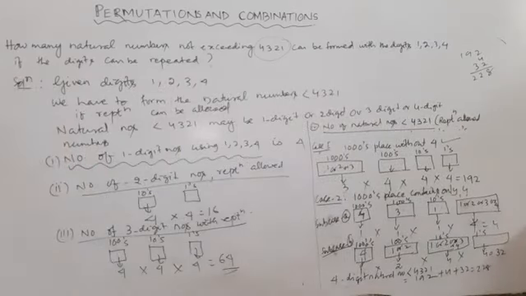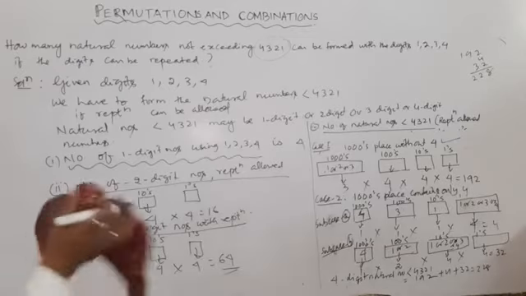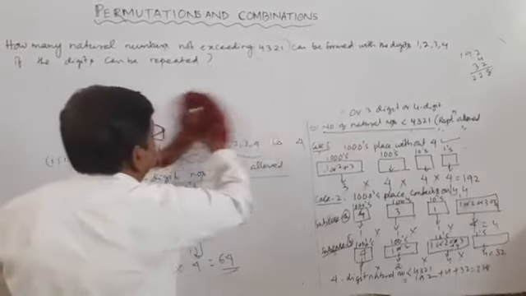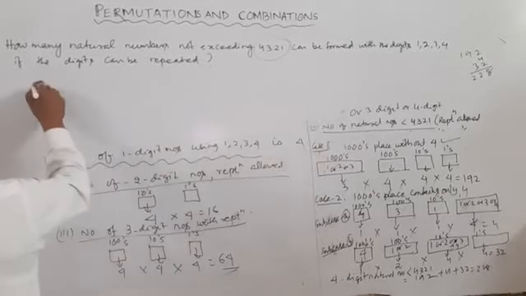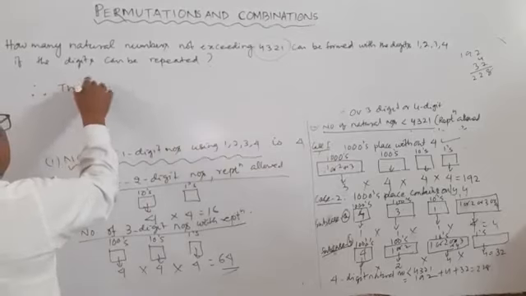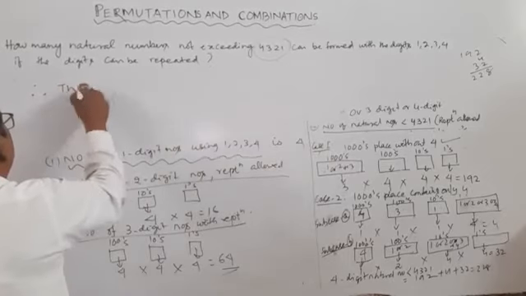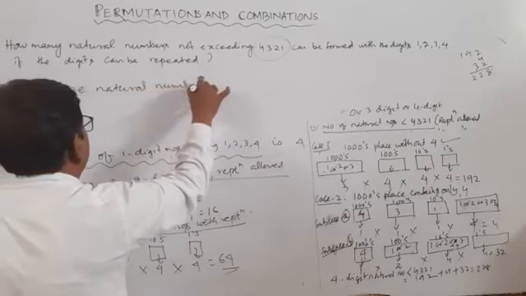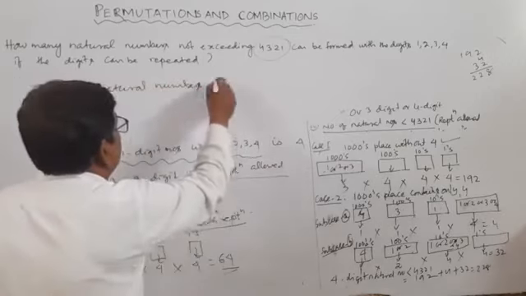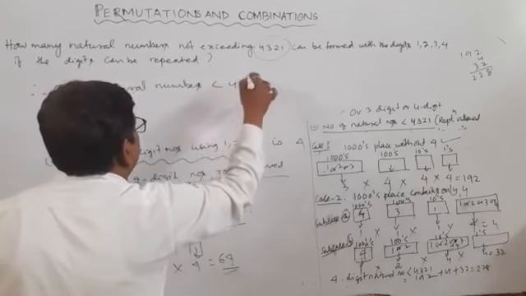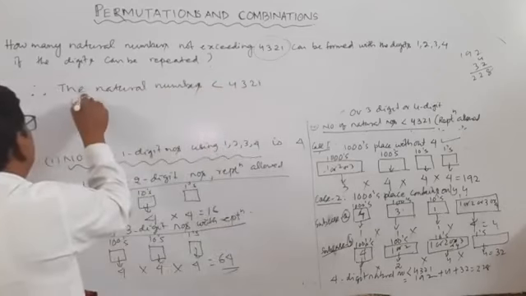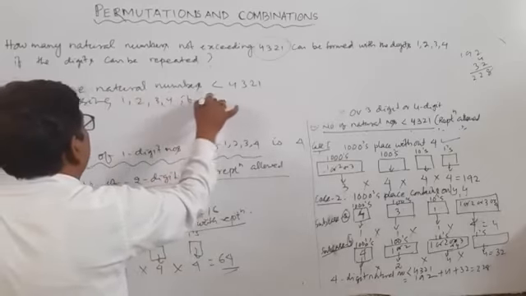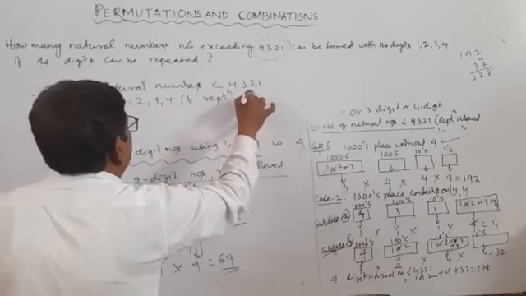Now the natural numbers less than 4321 using 1, 2, 3, 4 if repetition is allowed.